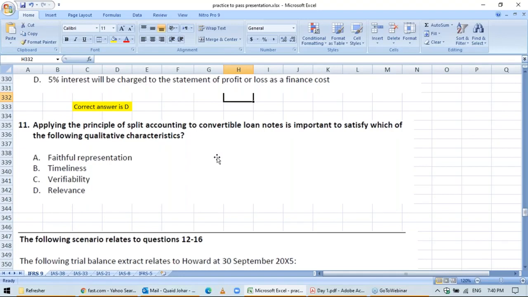So that nothing is misrepresented: faithful representation. So that you correctly report things, right? So faithful representation is the correct answer, A. So that you honestly report the liabilities and equity.